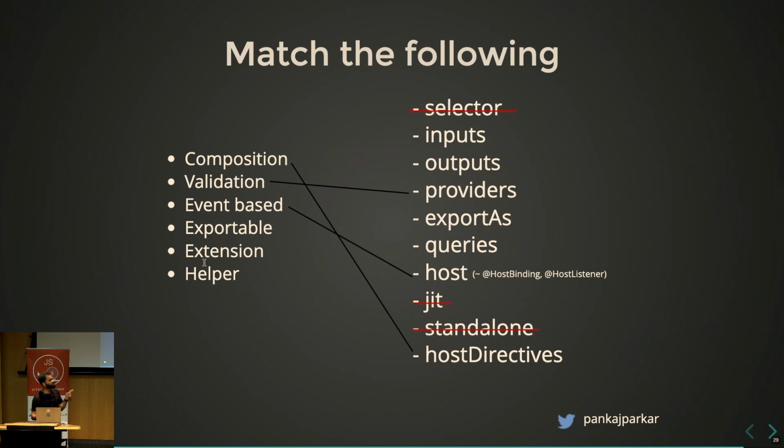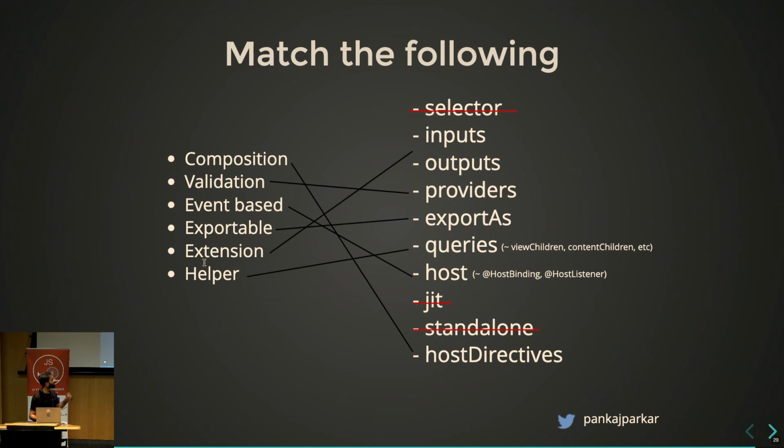When you want something which is event based, either you will have host binding or host listener, which under the hood is the same as the host property of the Directive API. Exportable API uses exportAs. The best example is ngModel. Then extension, where you can elaborate inputs and outputs, you can play around with them.